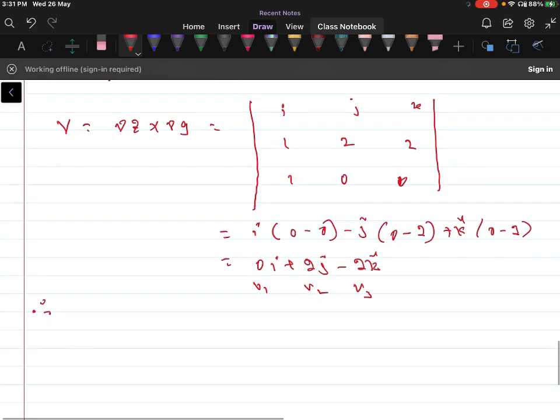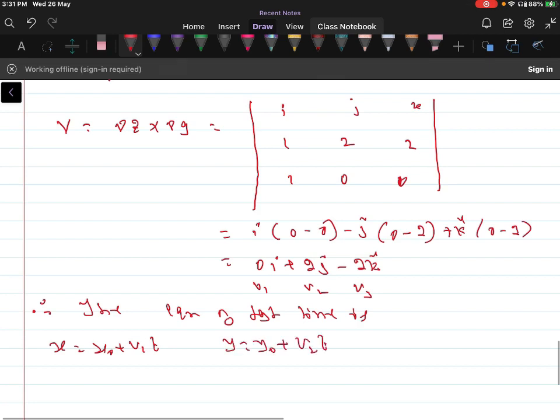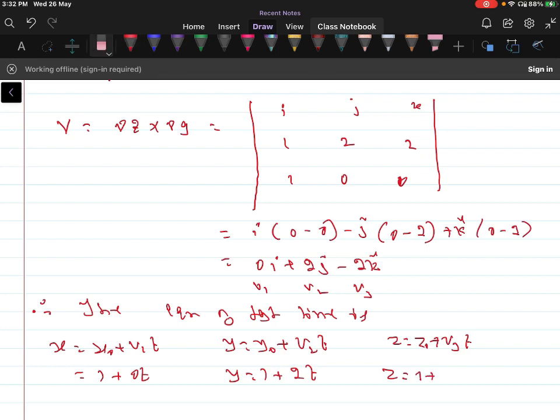So therefore the equation of the tangent line is x is equal to x naught plus v1 into t, y is equal to y naught plus v2 into t, z is equal to z naught plus v3 into t, where x naught is 1, v1 is 0, so x is 1 plus 0 into t; y is equal to 1 plus v2, which is 2, so 2t; z is equal to 1 plus v3, which is minus 2, into t.